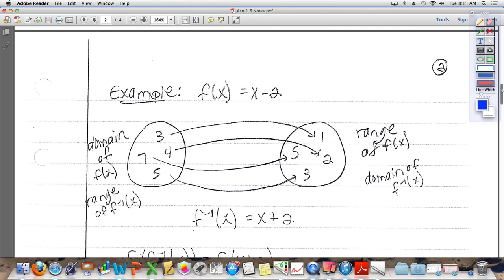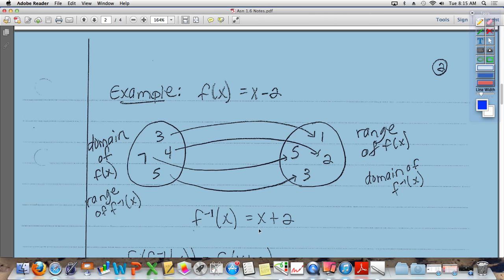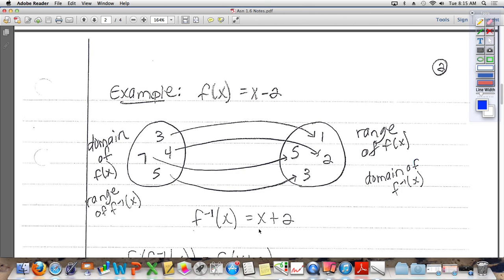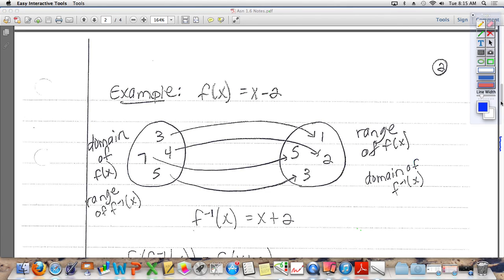But when you do that, these numbers over here, which used to be our range, are now our domain, and the numbers that used to be our domain are now our range. So the inverse function we said is going to be x plus 2, because to work backwards, you do the opposite of subtracting 2. You'd have to add 2.